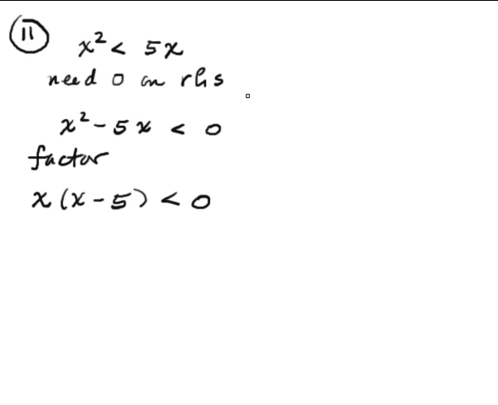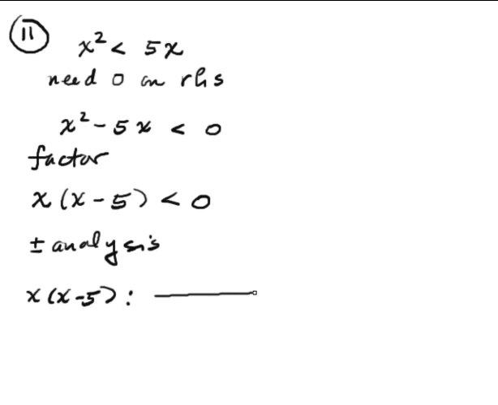And now we're ready for our plus-minus analysis. So let's do that. Okay, so on the number line, we're going to put the zeros of this expression. So that would be x equals 0 coming from this first factor, and x equals 5 coming from the second factor. Put them in order, 0 first, 5 second.